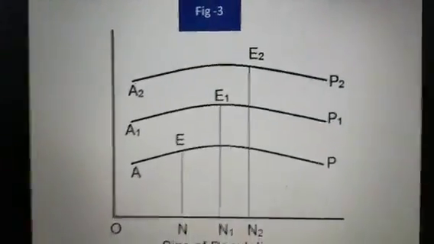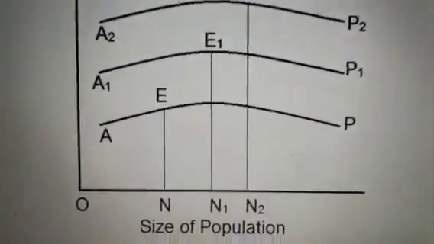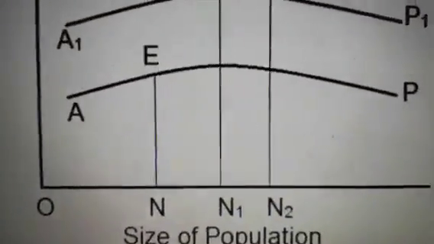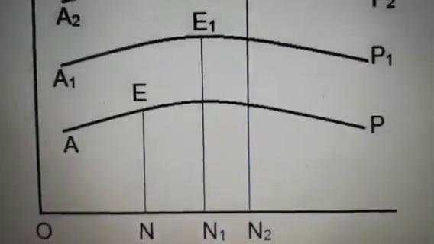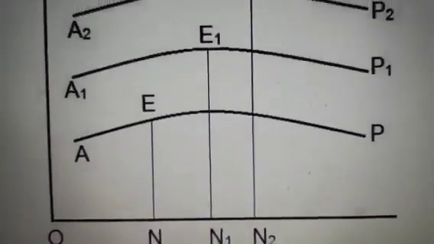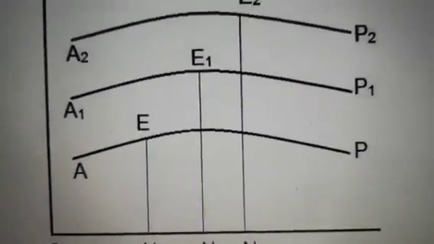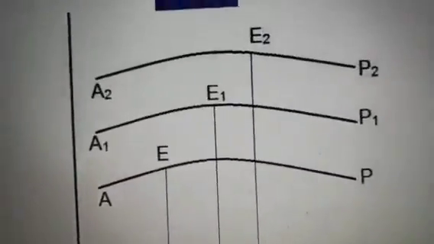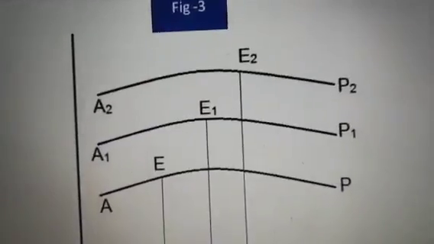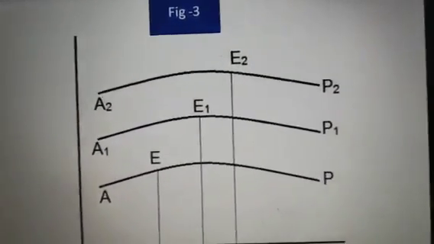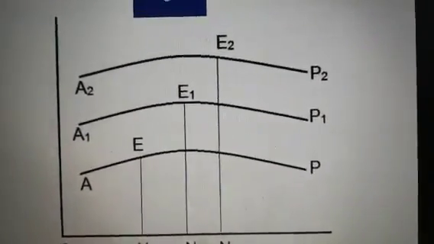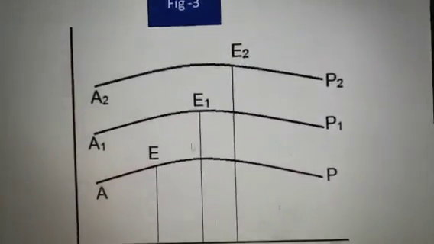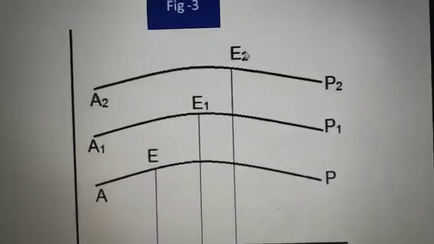With this diagram, you can show that earlier I told about only one graph from A to P, and then with coming time, with increase in production, with better agriculture production, with better innovation, with better technology, with better standard of living, with better job opportunities, we can move from E to E1, and again from E1 to E2. So E1 and E2 is a growth story.